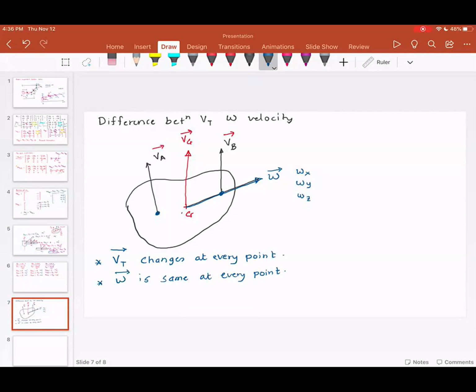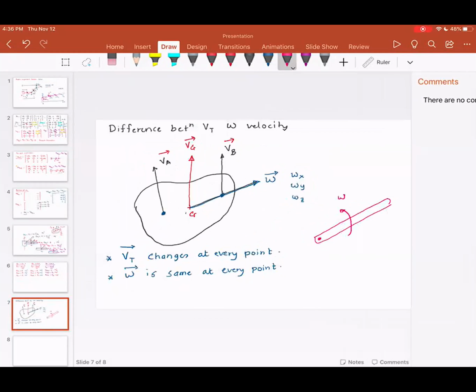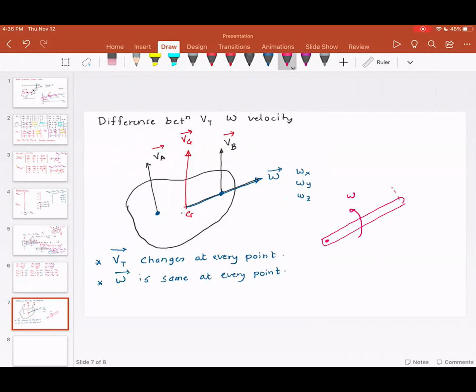Now, one classic example: imagine that you have a rod and this rod is rotating at speed omega. Angular velocity is omega. This omega is the same whether you consider this point or this point.